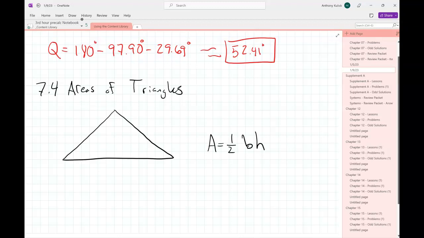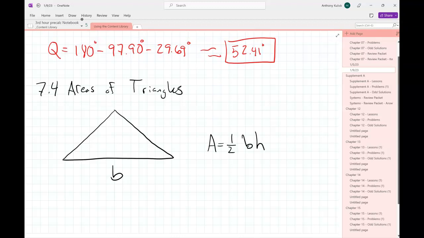So, in my picture, which side is the base? Okay. Make it that one, sure. Then what's the height? Which side is the height? None of the sides are the height.